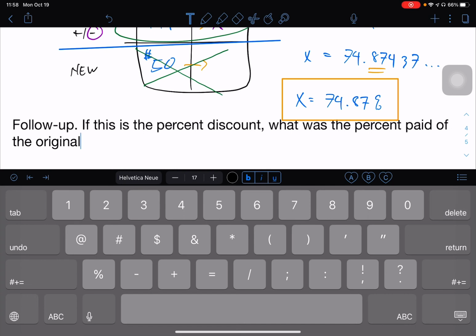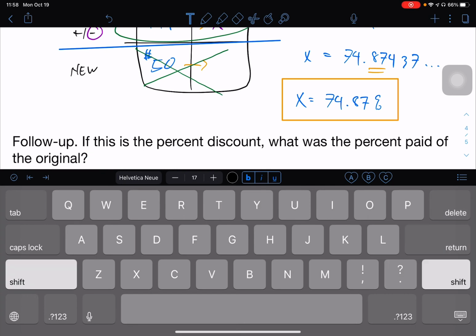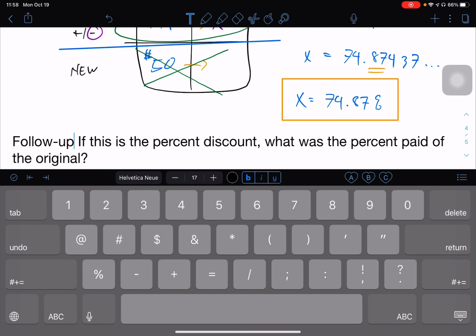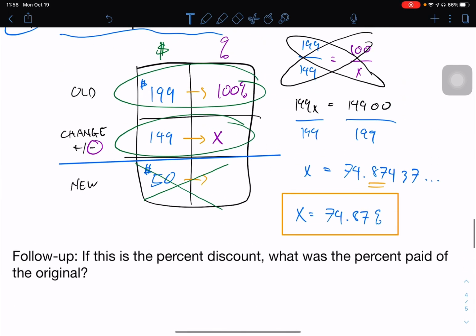And hopefully you realize that you can use this box, right? If you plug in 74.87 into x, which is right here, that's your answer now. How do you figure out what percentage you pay? Well, it's this empty box right here.